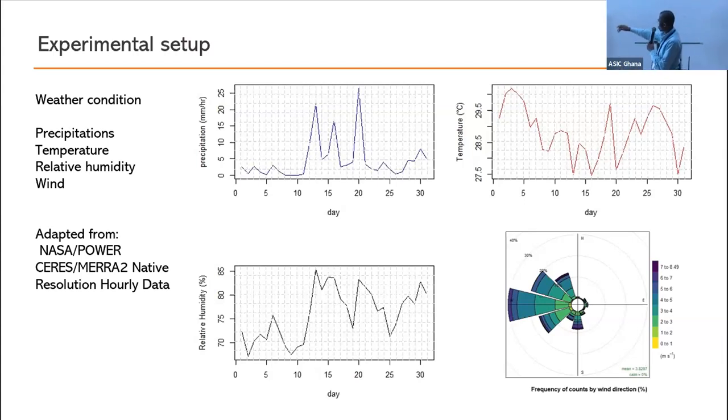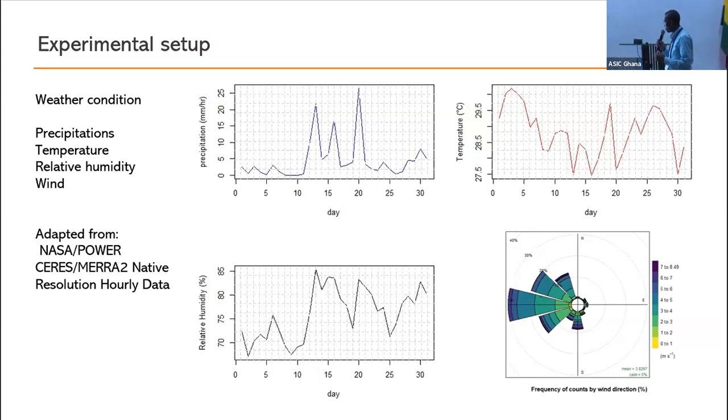And the temperature, as you can see, was around 25, but maybe higher than this. For relative humidity, it was relatively humid during that period, because here it is above 70. For the wind, we saw that it was coming from the west, from the Atlantic coast.